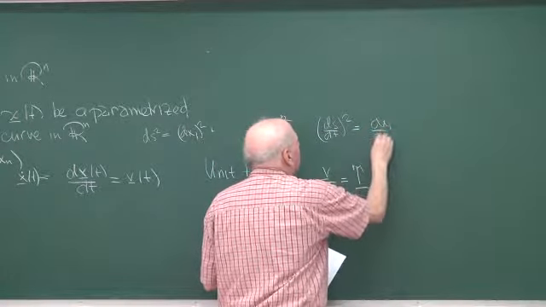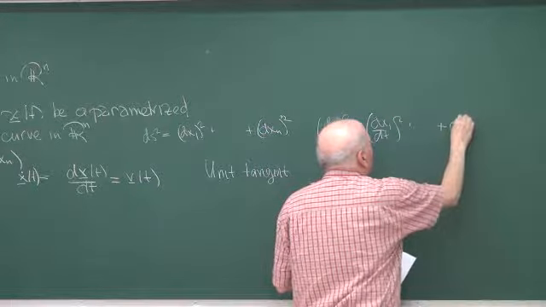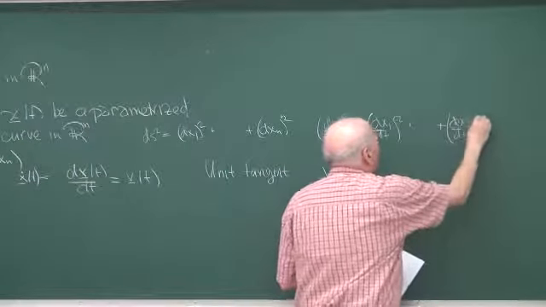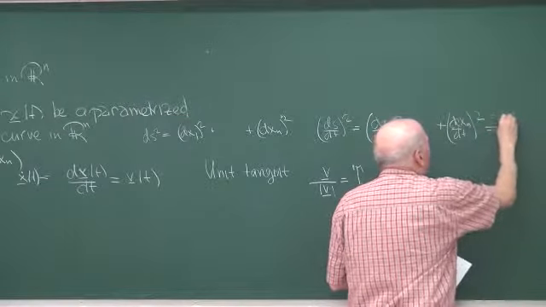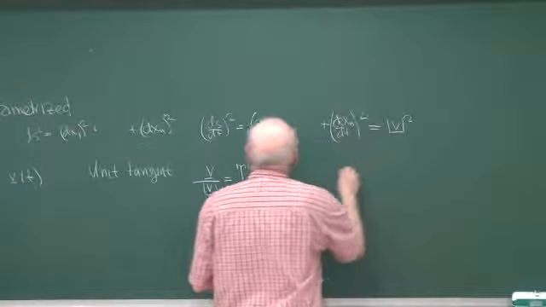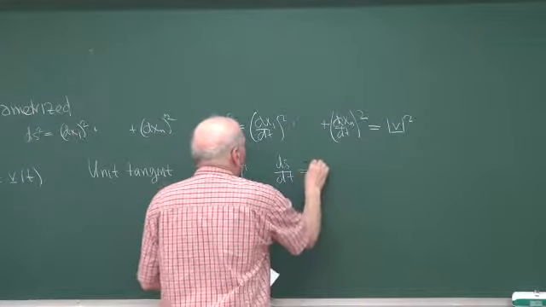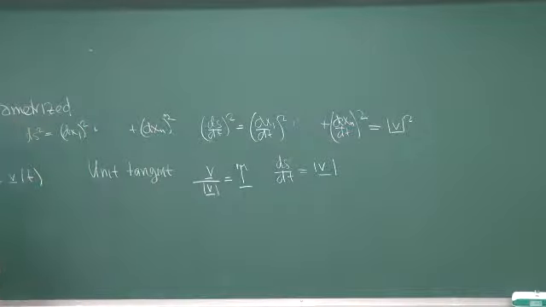Again, Pythagoras says that. Okay, but that's just the magnitude of v squared, so ds dt equals the magnitude of v. So the rate of change of the arc length is just given by the magnitude of the velocity vector.